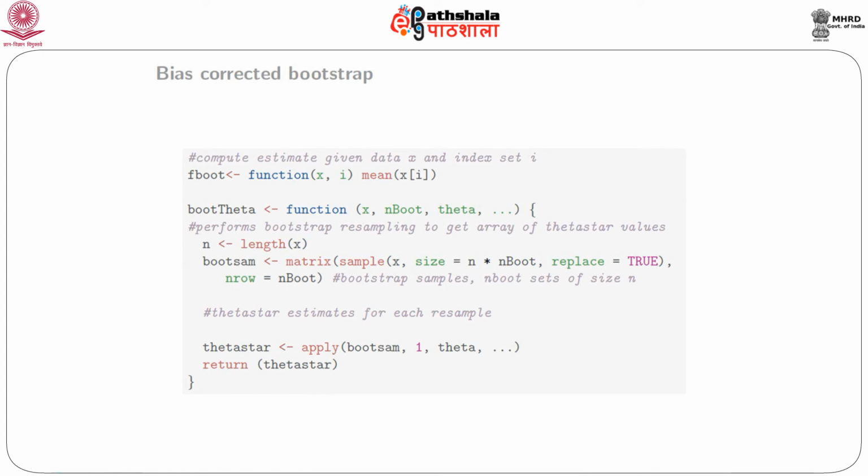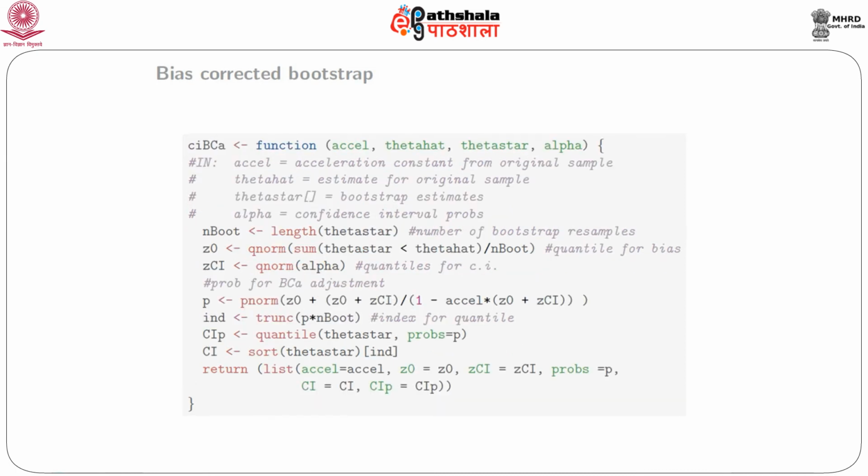So, it samples n times n boot random samples from x and stores them in a matrix with the number of rows equal to n boot, and the number of columns is n. If theta is our function, then we compute theta star by applying theta to the stored matrix of bootstrapped samples. Theta would be a function given by the user, and then we return theta star.